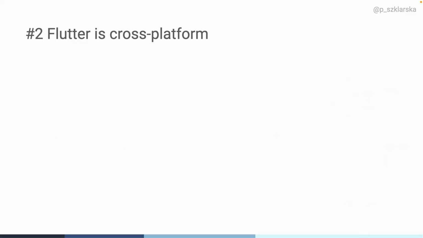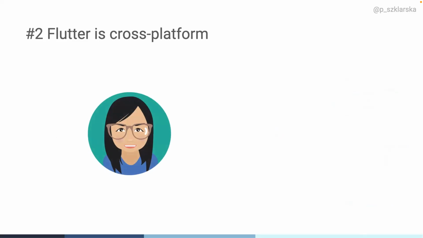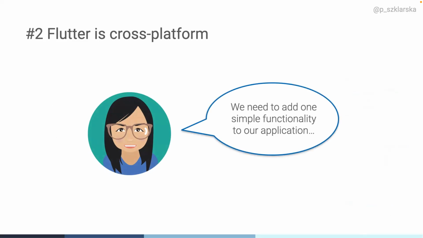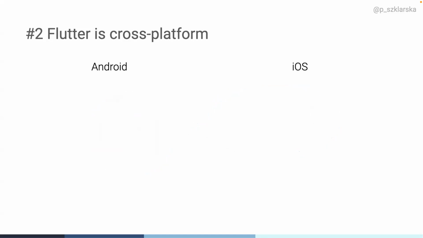So why is that good for you and for your team, for example? Let's say that you have a project for a mobile application, and one day your project manager or product owner comes to you and says that we need to add just this one small functionality to our application. So what do you do?